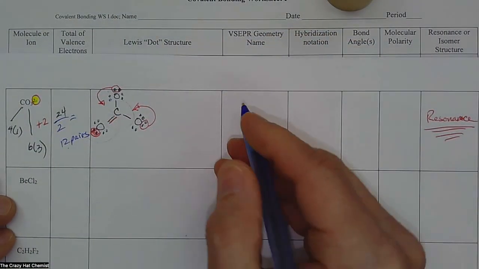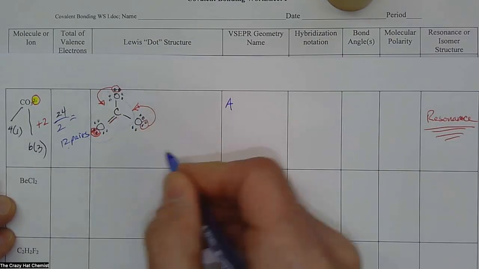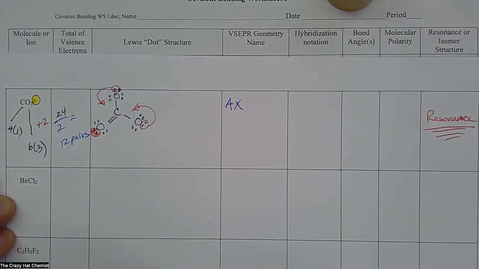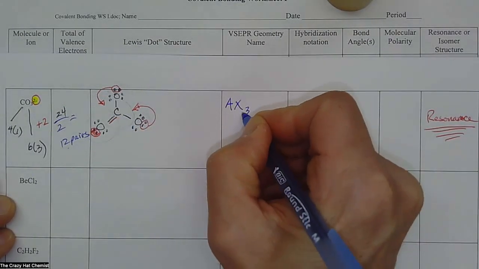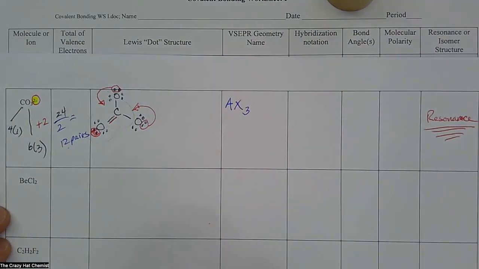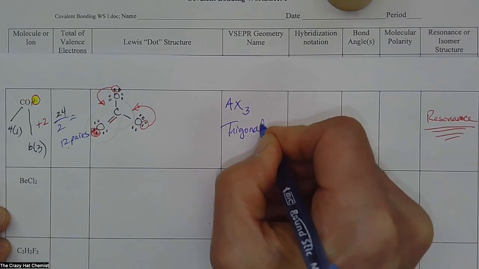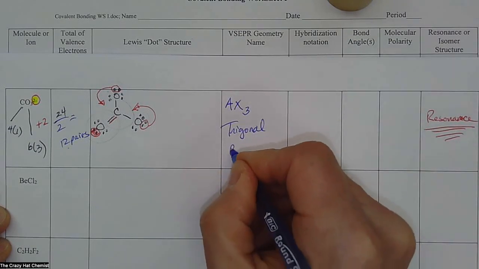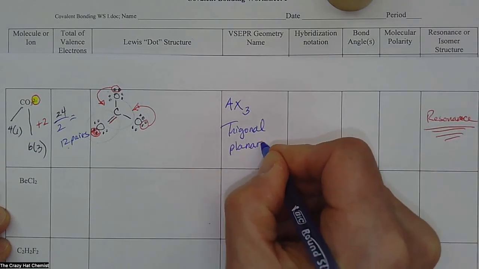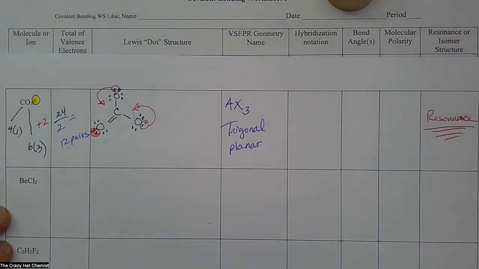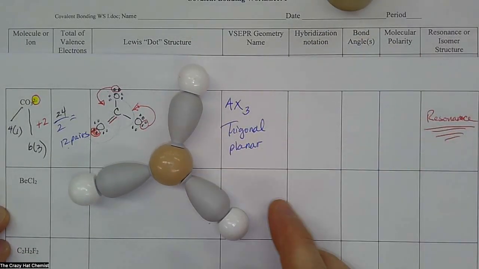So our molecular geometry is A for the carbon, X for the oxygens. How many oxygens? 3 of them. So this corresponds to trigonal planar. Remember, trigonal planar looks like that right there.